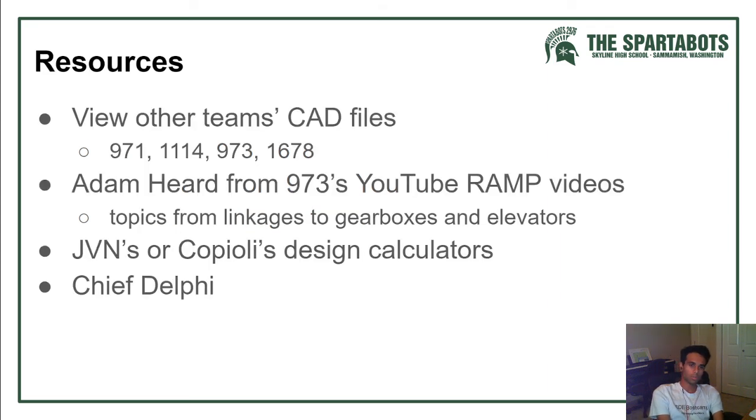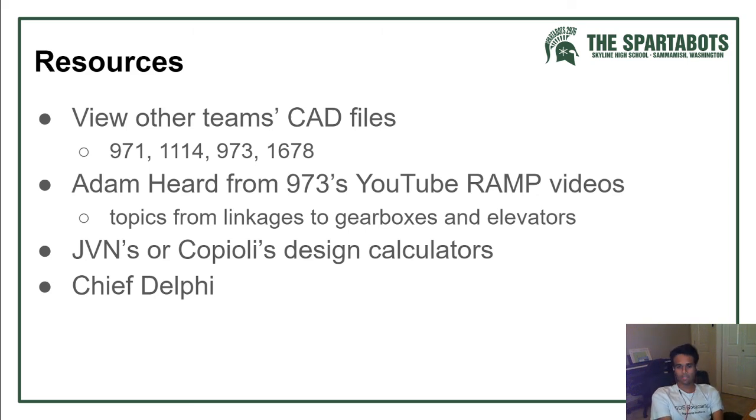Some resources for understanding mechanical design: look at other teams' robots. Steal from the best, invent the rest. Teams like 971, Symbotics, Greybots, and 1678 all have their CADs public. You can view them anytime. There are Onshape links to them.